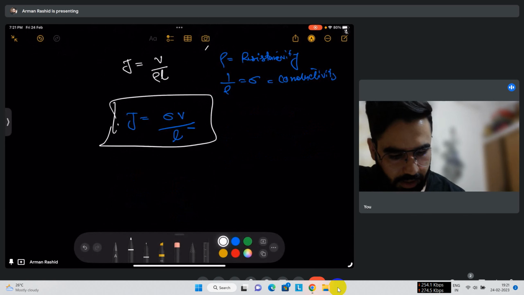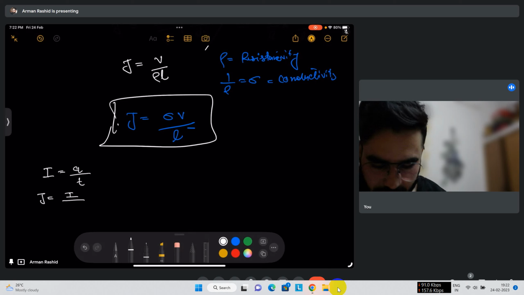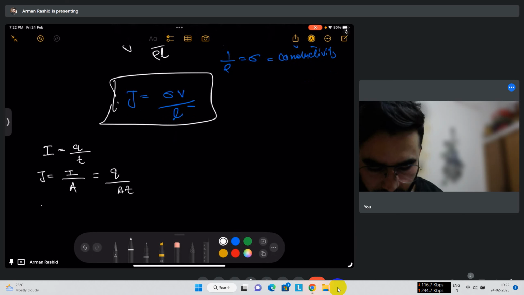For example, we know that current is equivalent to Q by T. But J, which is the current density, is equivalent to I by A, so that will be Q by A T. But we know that V is equivalent to IR, called Ohm's law.